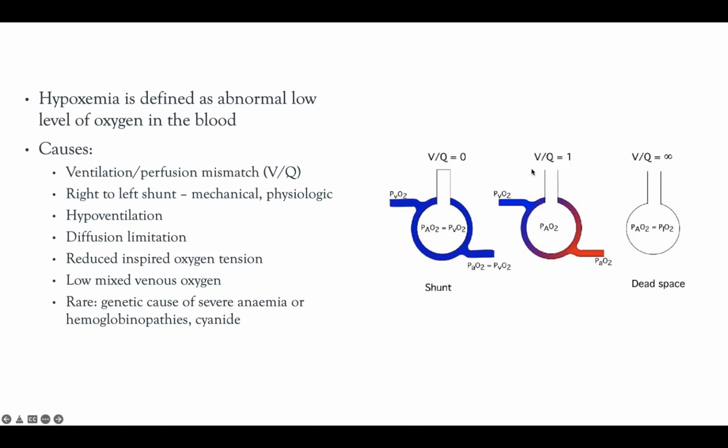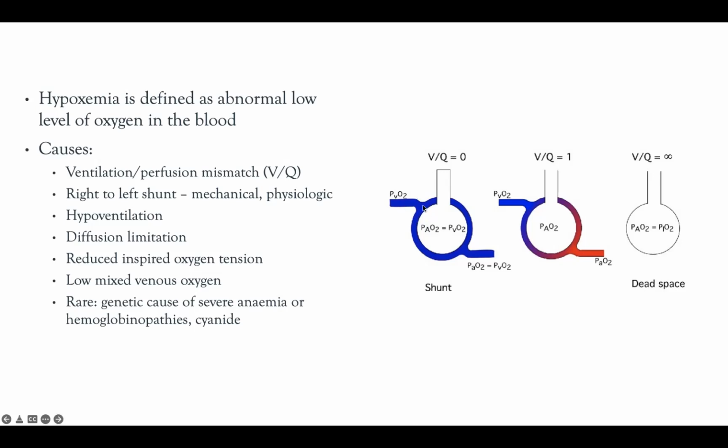If we look at our ventilation perfusion ratio in a perfect ideal setting, it should be 1, so that gas exchange can occur. There's enough oxygen in the alveoli, and there's enough blood through the capillaries and arteries coming through. Now let's say that ventilation is impaired and that becomes 0 as the most extreme scenario.